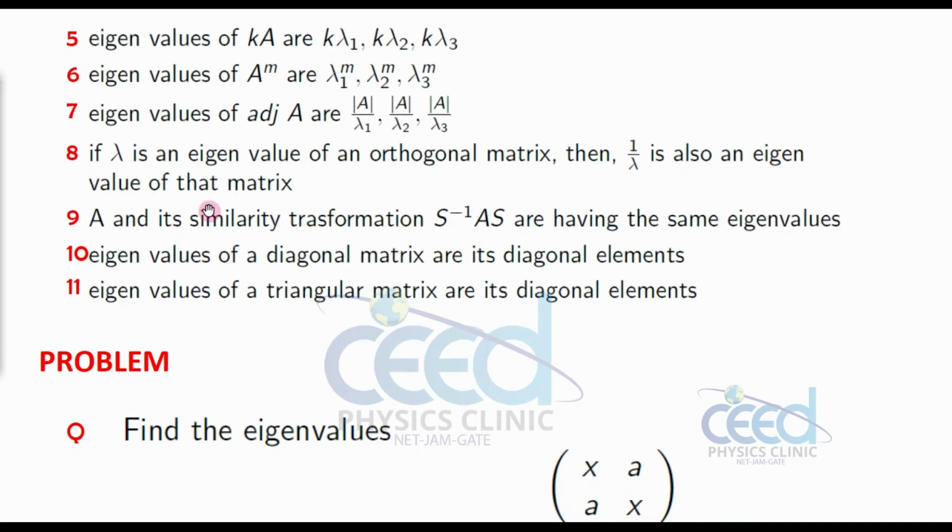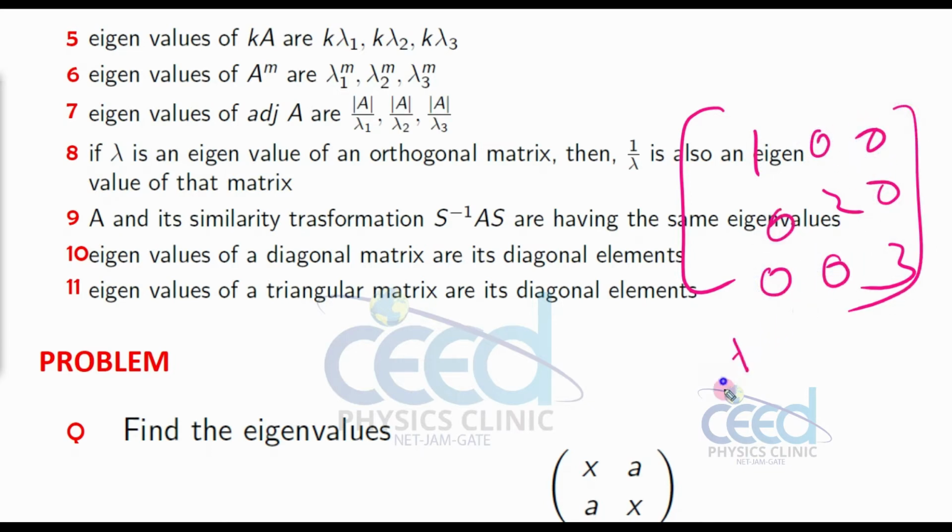Now, another property: the eigenvalues of a diagonal matrix are the diagonal elements. Suppose you have a diagonal matrix. Diagonal matrix means only diagonal elements are present and all the remaining elements are 0. So its eigenvalues are the diagonal elements themselves, that is lambda 1 is 1, lambda 2 is equal to 2, lambda 3 is equal to 3.